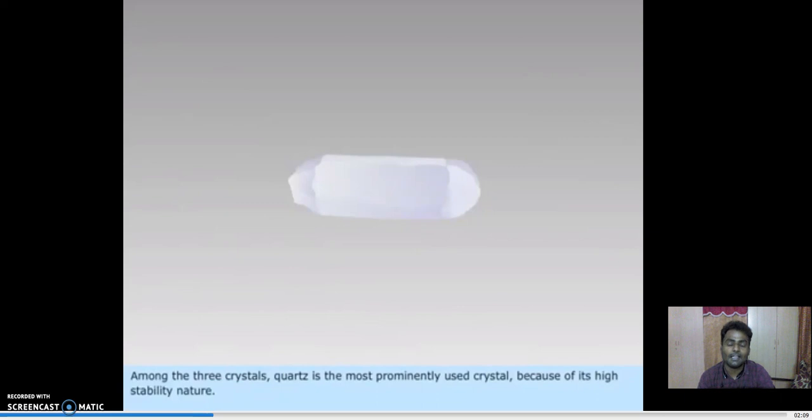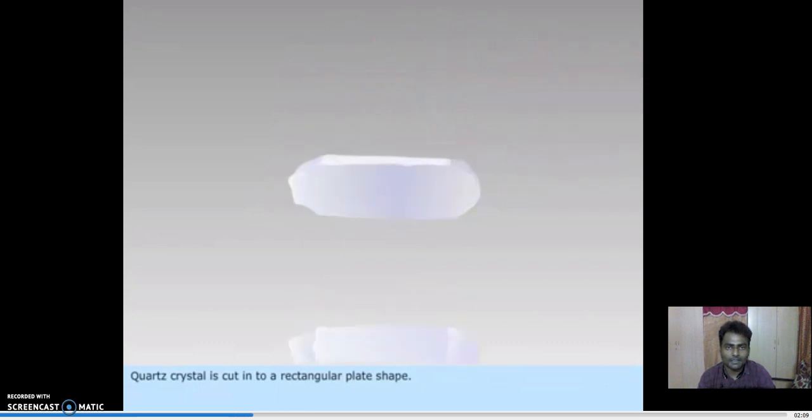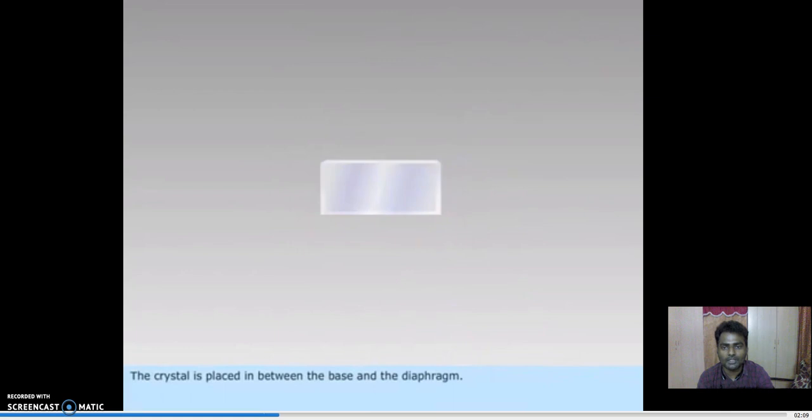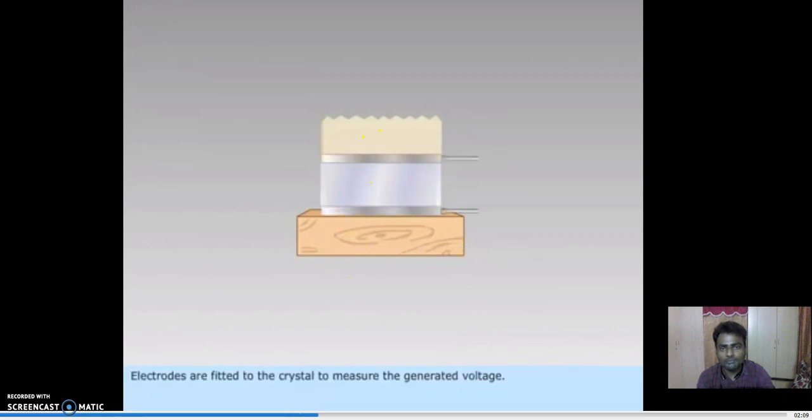Why? Because it has a highly stable nature. It will be stable in any condition. This quartz crystal is cut into a rectangular form in order to be placed between the electrode plates, between the diaphragm and a base. Electrodes are fitted to both parts of the crystal in order to measure the generated voltage.